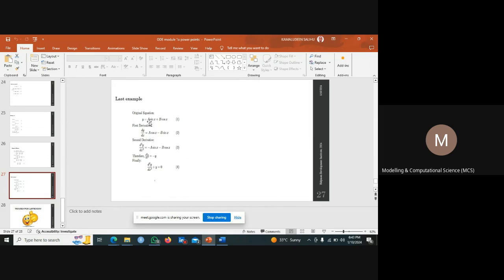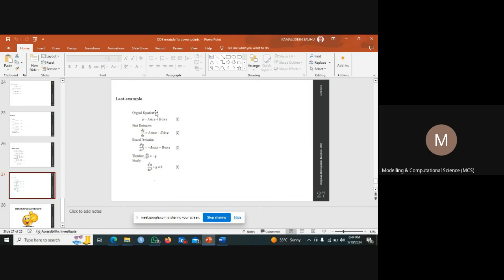You count the number of arbitrary constants, and the number of arbitrary constants here are 2, a and b. So definitely you are differentiating twice: you have the first order, you have the second order. Differentiating with respect to x, you have dy dx equals a, which is an arbitrary constant, so you write it down as a constant.